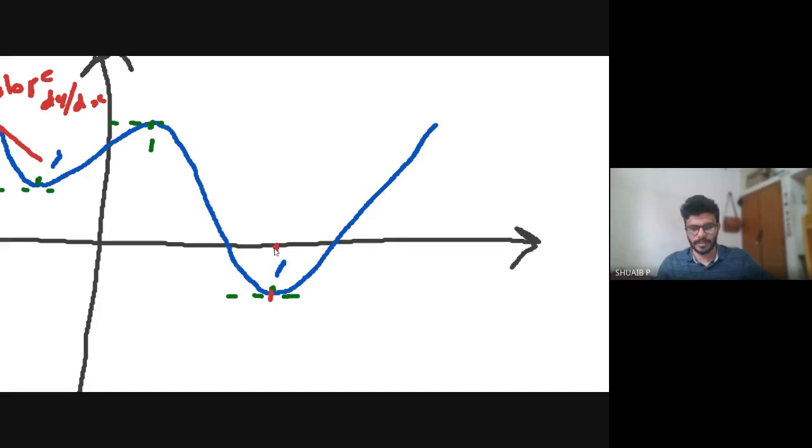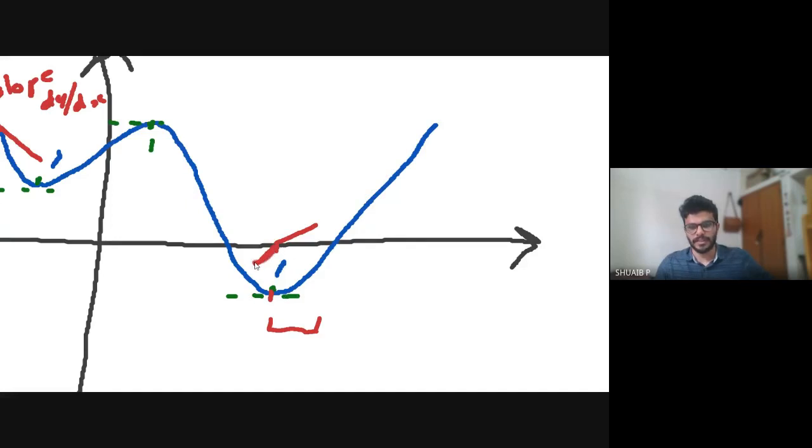People understood it, right? So we can qualitatively say the derivative of the function is negative in this region, and in this interval the value of y is increasing with respect to x, so it will be positive. And at this point, the derivative is 0.